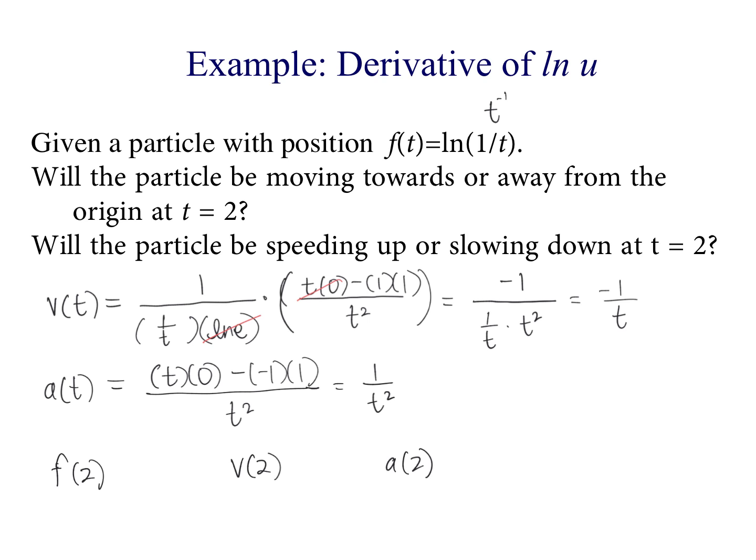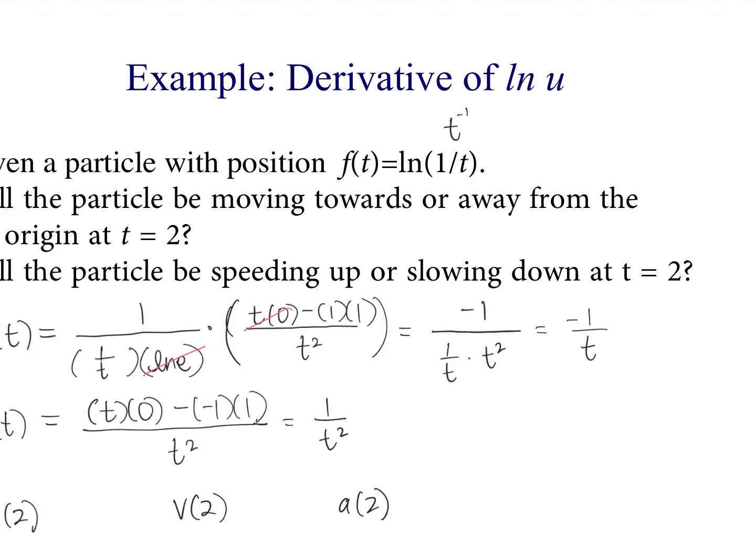Do you guys know if ln of half is a positive number or a negative number without checking your calculator? It'd be something that I would hope you would know without having to check your calculator. Okay, why do you think? Because it's negative. Is it negative because it starts with negative?